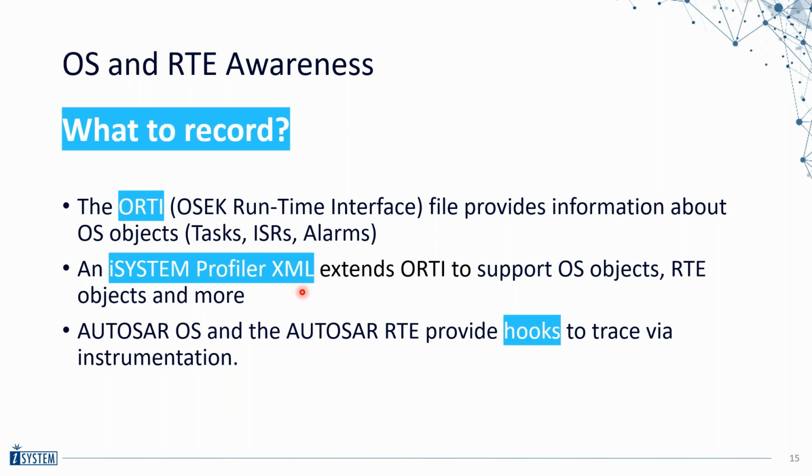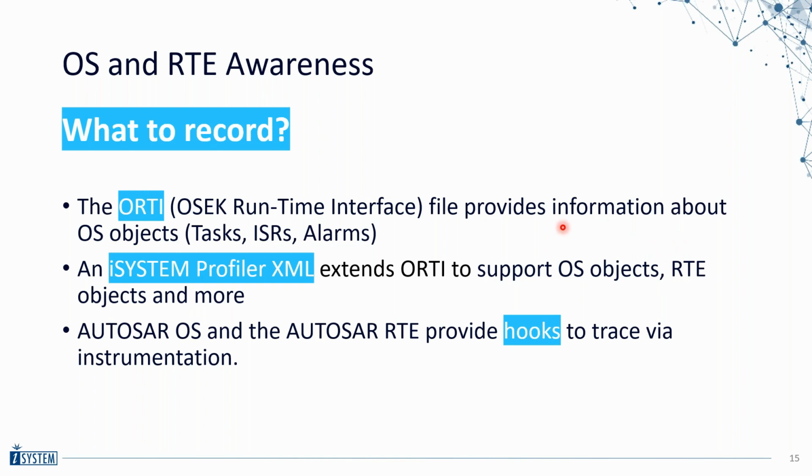Sure. So I just want to make clear why this iSystem profile XML is required, and then we can talk about RTE. The challenge with RTE is that it was invented and designed before AUTOSAR even existed, right? So that's why certain objects are not part of the RTE file, which is why we invented this iSystem proprietary format called Profiling XML, and that solves some of the issues with regards to RTE awareness.